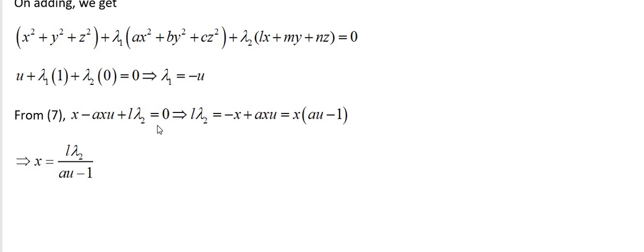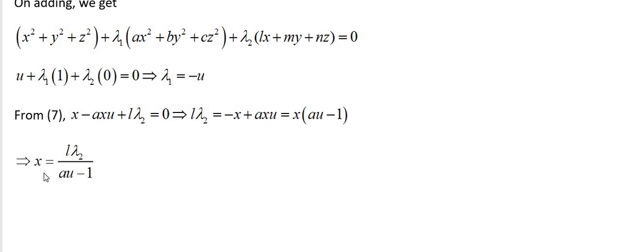From this I am going to find the x value in terms of lambda 2. Observe, L lambda 2 I am keeping as it is on the LHS. I am taking these two terms to the RHS, and observe these two terms contain ux as common. After taking x common, the remaining term is au minus 1. I need x, so this multiplication term goes to the denominator.